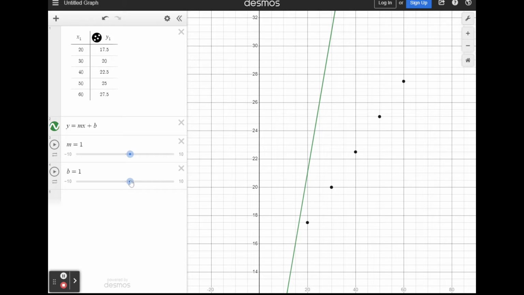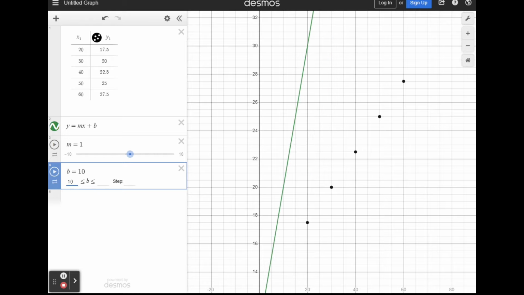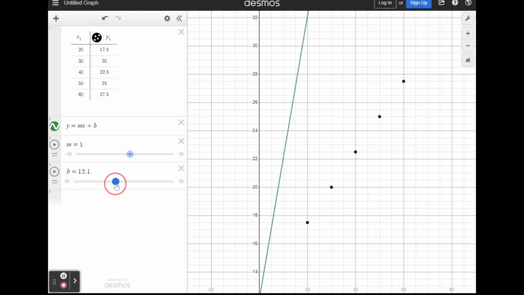My y-intercept, I'm going to change from 10 to 15. I should be able to move my slider up and down. What did I predict? 13, so let's move it to 13. Wow, that's very picky. Hey, I could be wrong with a 13.